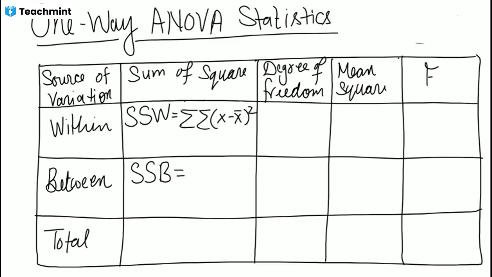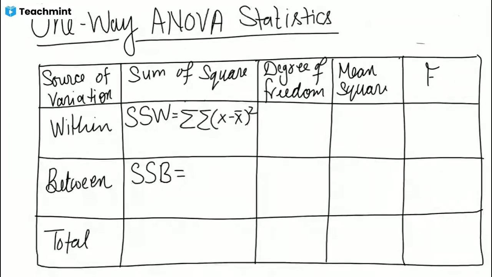That day we couldn't save. Hmm. SSB we can find by using an example. You will understand it well.